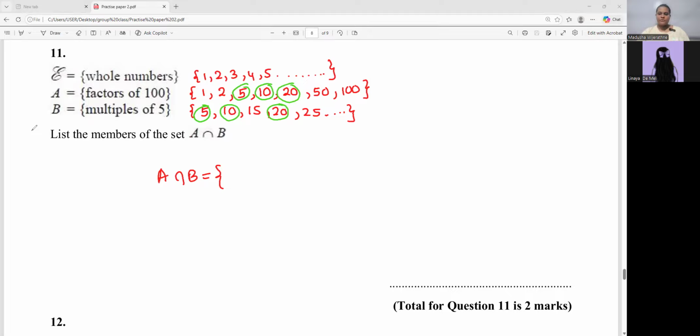So 25 also common. 50 is coming. 5, 10, 20, 25, 50 and 100. Write all the factors. 1, 2, 3, 4, 5, 6.